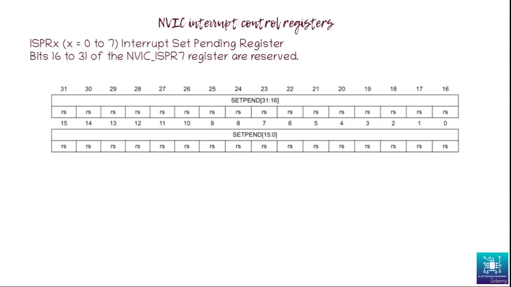So writing a 1 here, and of course reading this register will give you the pending state of the register if the pending state is set by hardware. So writing a 1 into any of these fields is going to set that register to pending state. So this is going to be either set by hardware, or it could be set by software, to software control the registers.